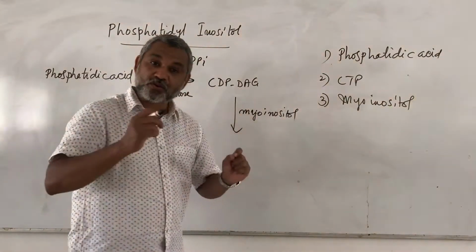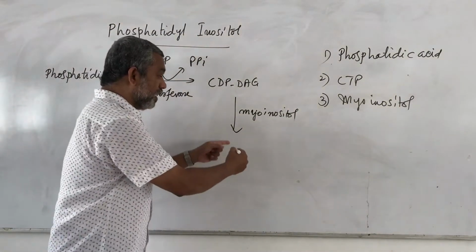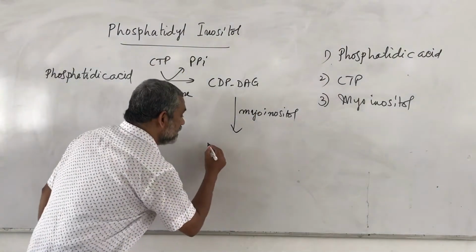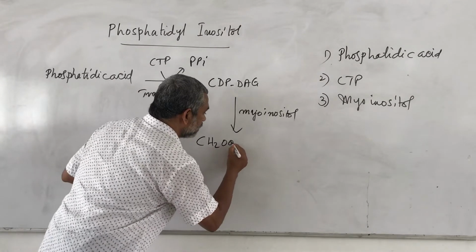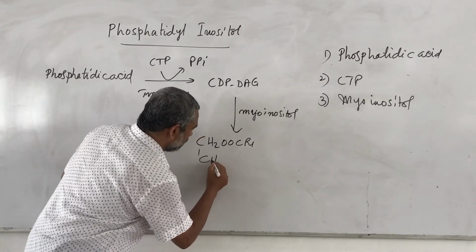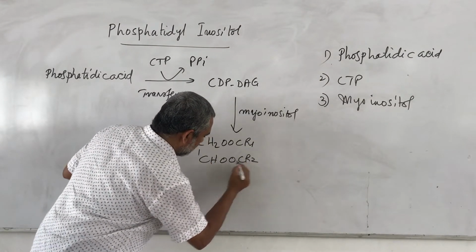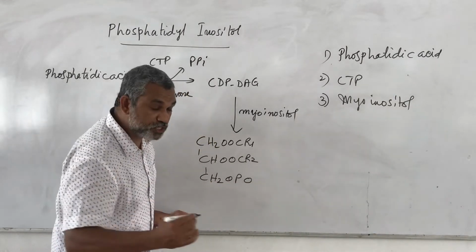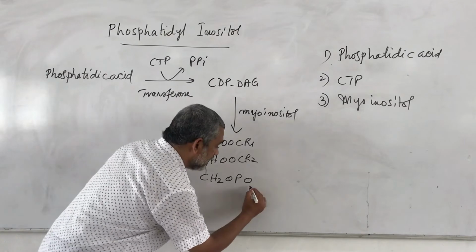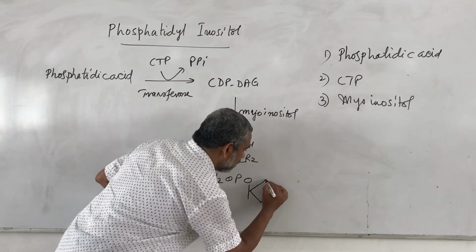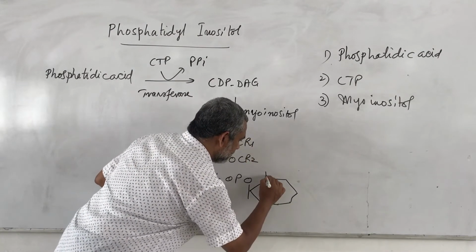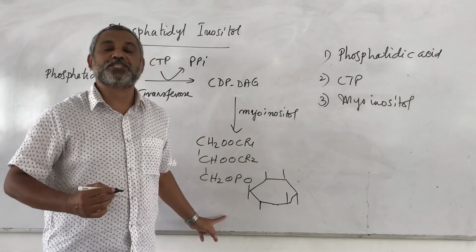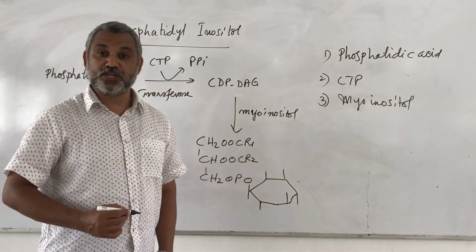So once myoinositol is added, let us see what will be the structure of phosphatidylinositol. So if the myoinositol is going to be added here, this is going to be the structure of phosphatidylinositol.